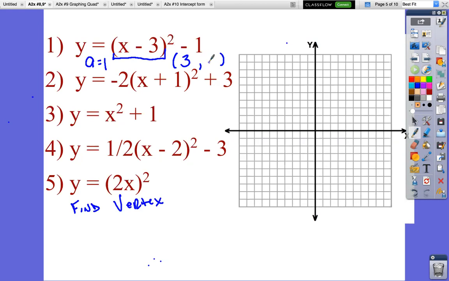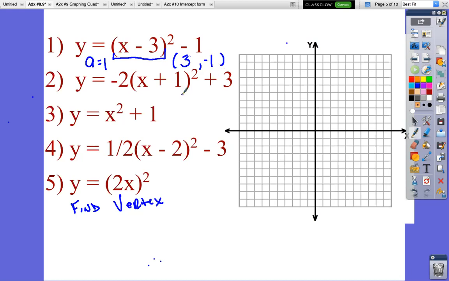And your K value is -1. Again, a real simple explanation. This would have been moved or transformed right 3 down 1. Why is it right 3? Because what this is really saying is what value of X makes the quantity equal 0. And it's always going to be the opposite of this. So that's why it's 3, -1.